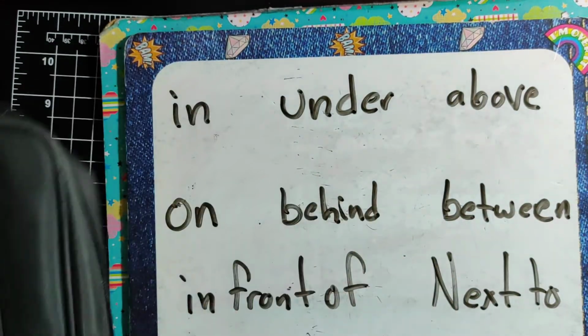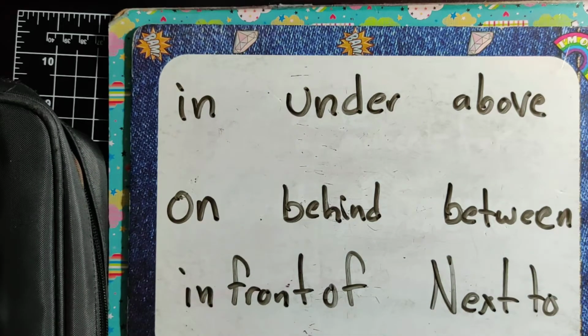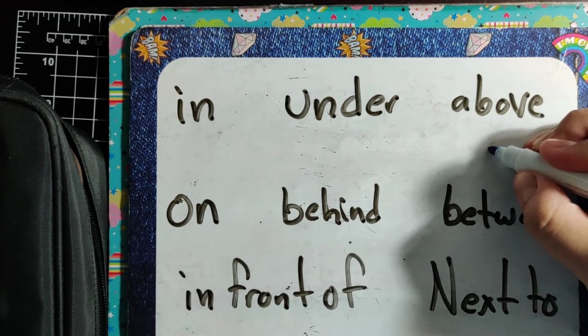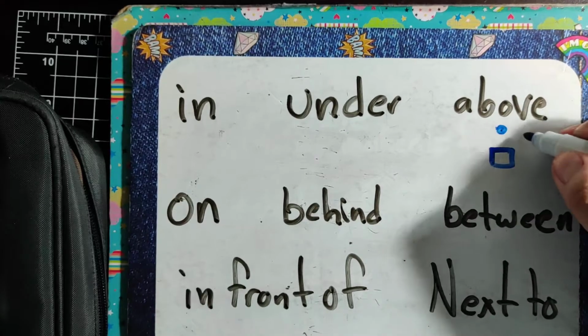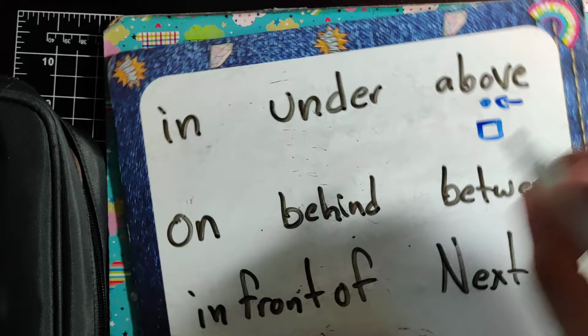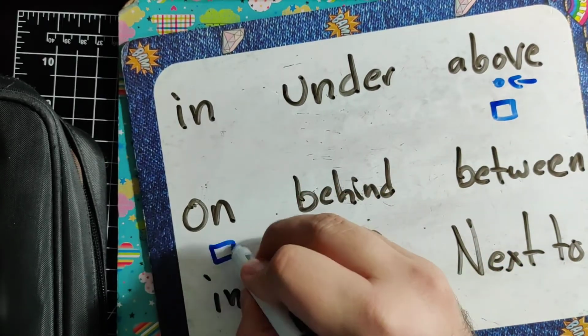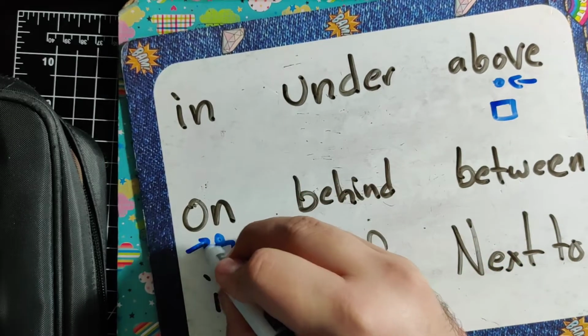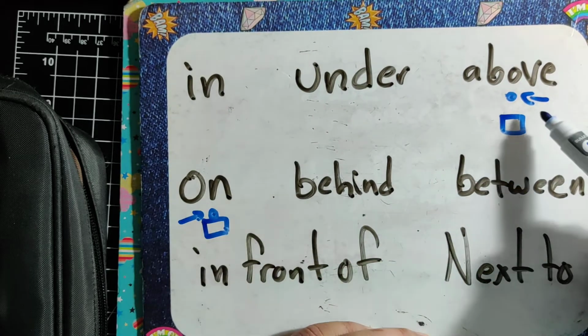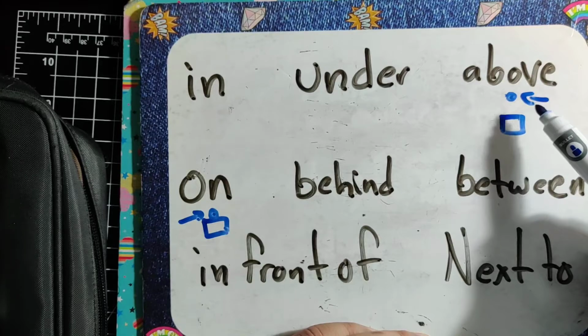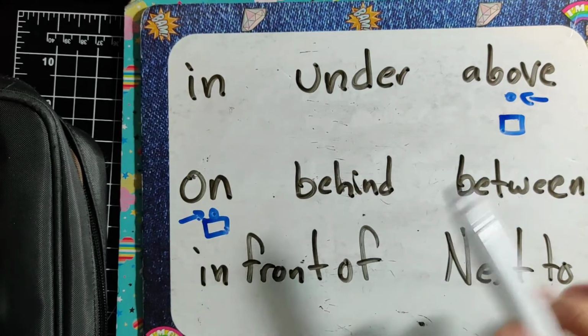Okay? The difference, and this one I'll draw them for you. Let's see. Let's say that here's the box, right? And here's the object. This is above. And this is on. Okay? On is touching it. Above is not. Okay? So keep that in mind.